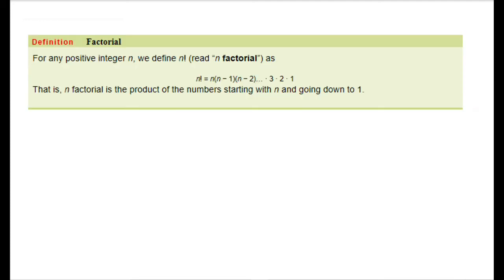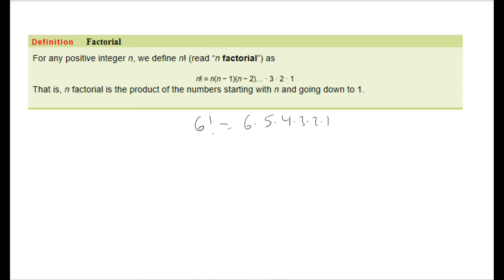All right, so then what is this factorial? For any number n, we define n factorial as n times n minus 1 times n minus 2, dot dot dot, all the way to 1. So simply we multiply all the numbers starting with n, whatever the number is, and go all the way down to 1. If we have 6 factorial, then we have 6 times 5 times 4 times 3 times 2 times 1.